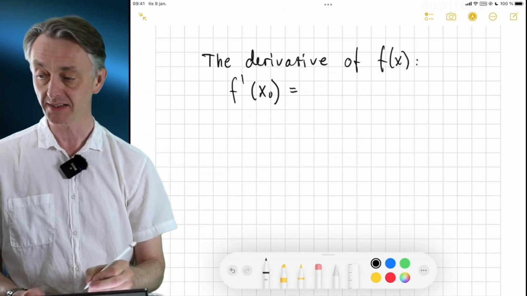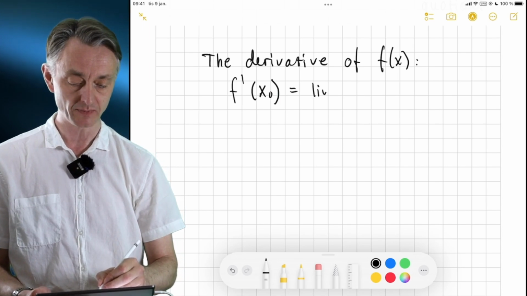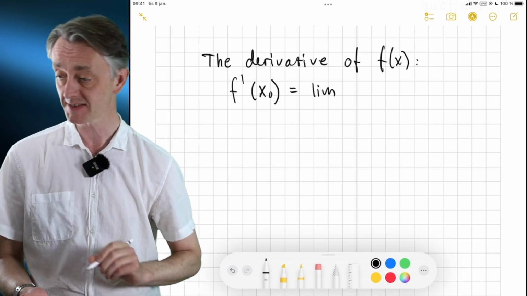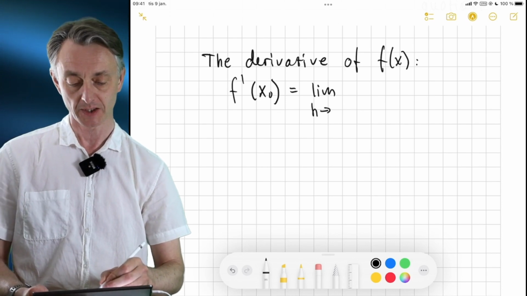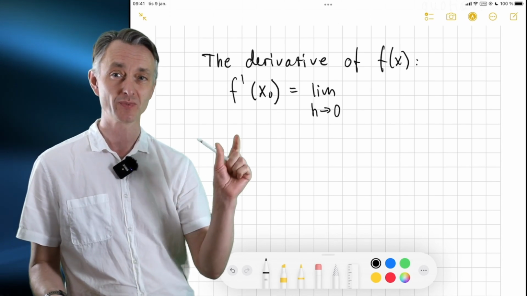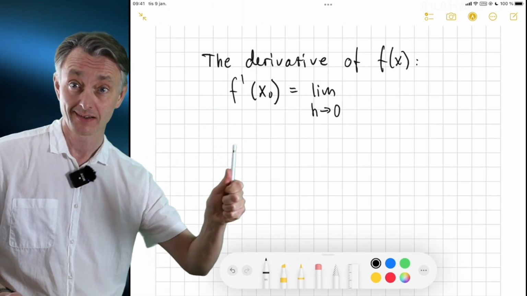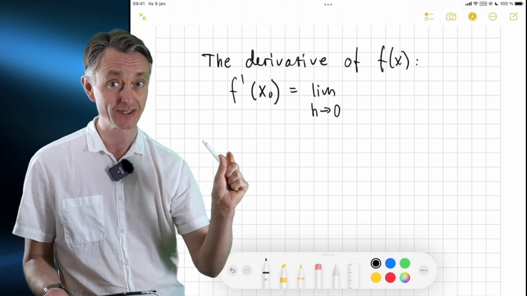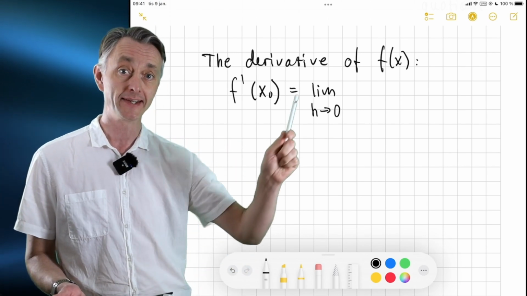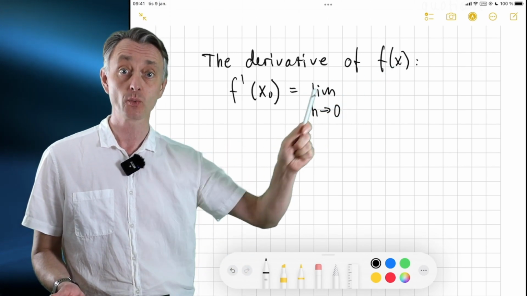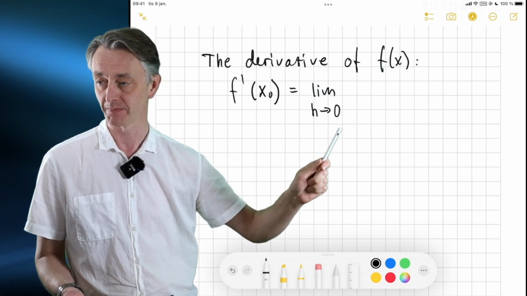That is going to be the limit value, I will explain in a moment what that is, when h approaches 0. We want to make h, that is this change in x, as small as possible in order to get a really precise point estimate. So the limiting value of the function when h tends to 0.